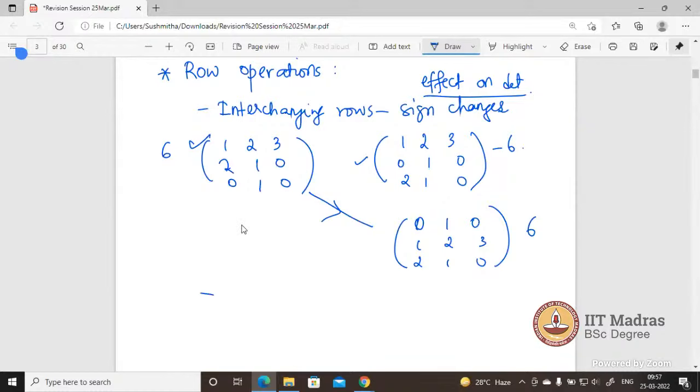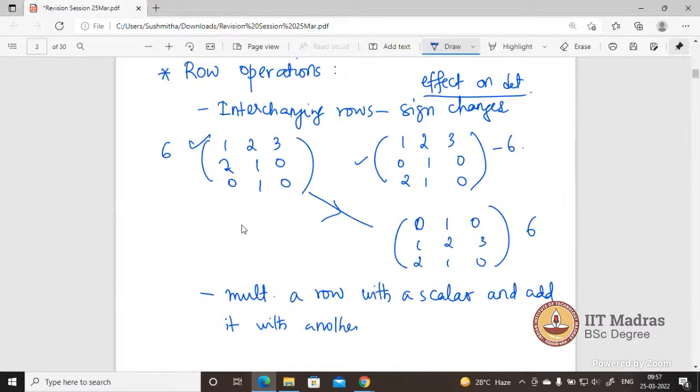Okay, what happens when we multiply a row with a scalar and add it with another row? The determinant gets multiplied with the scalar. And the determinant becomes 0.